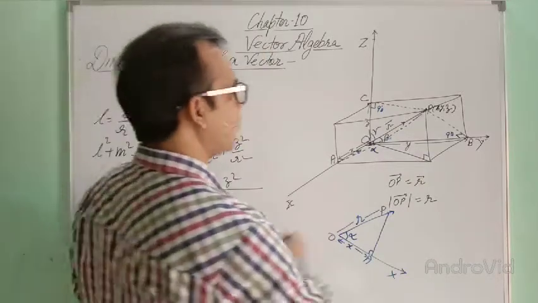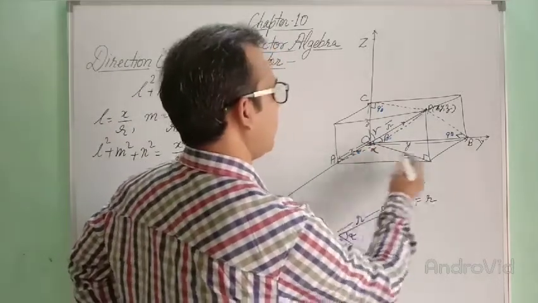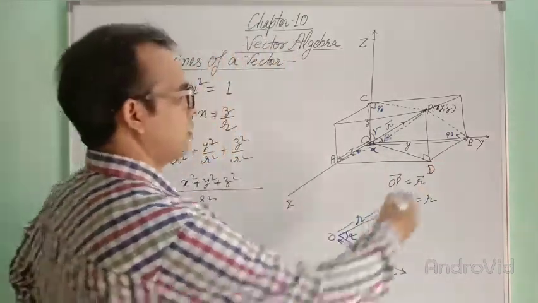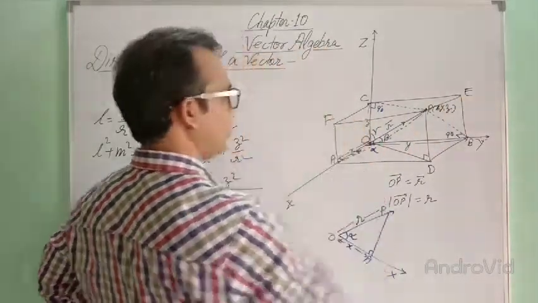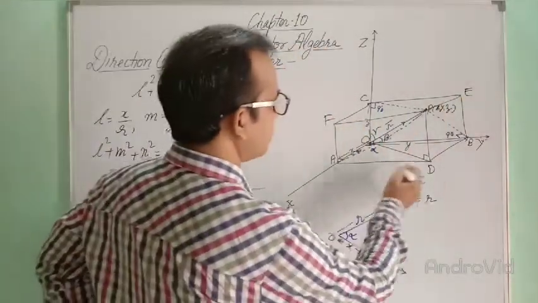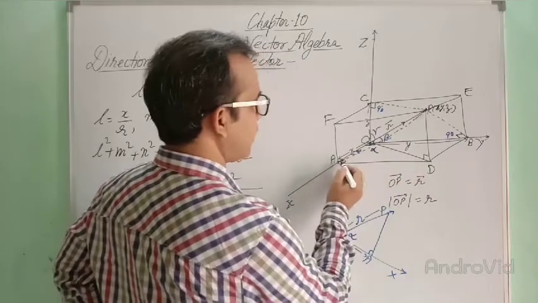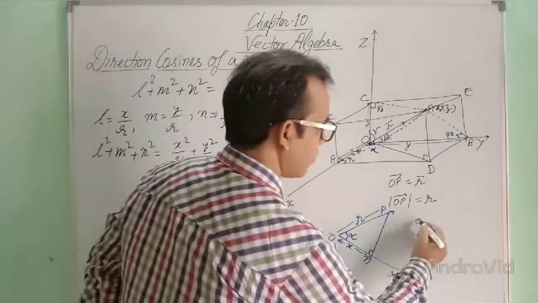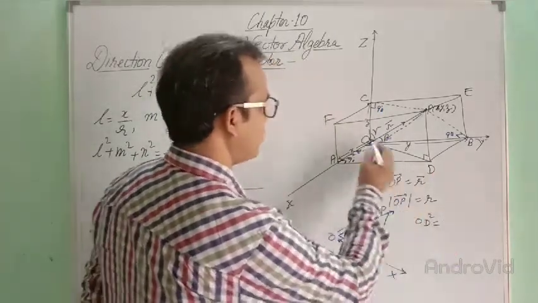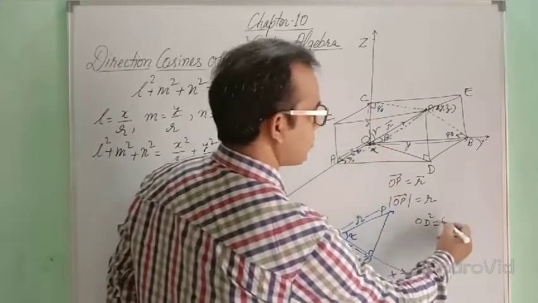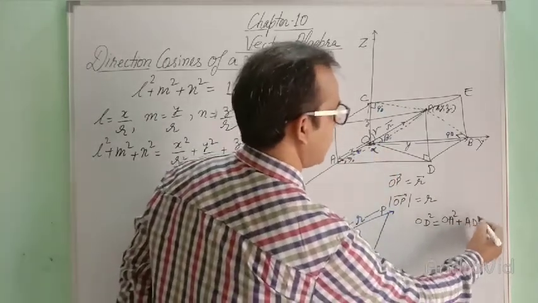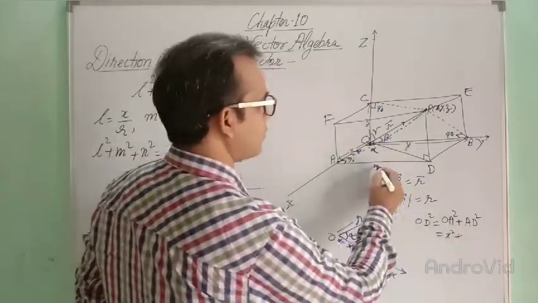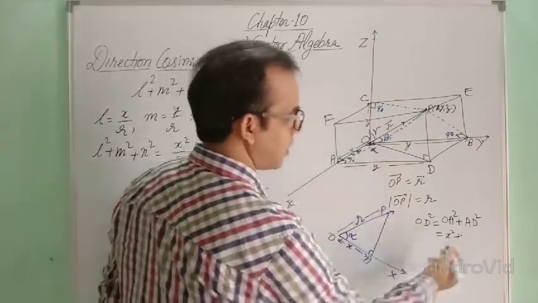Now in this triangle OA, and suppose this is the point D, let's name it E and it is F. Now in this triangle you see this angle is 90 degrees, so OD square equal to OA square plus AD square, and OA square is X square and AD square is Y square, the opposite sides of the parallelogram.